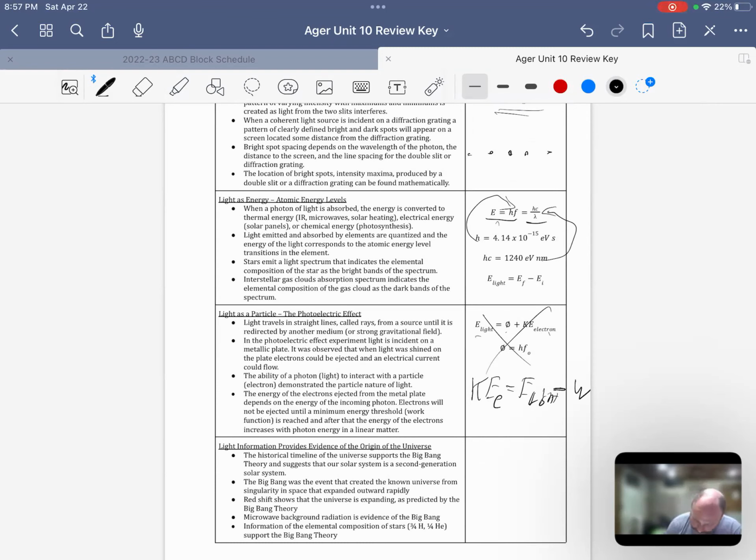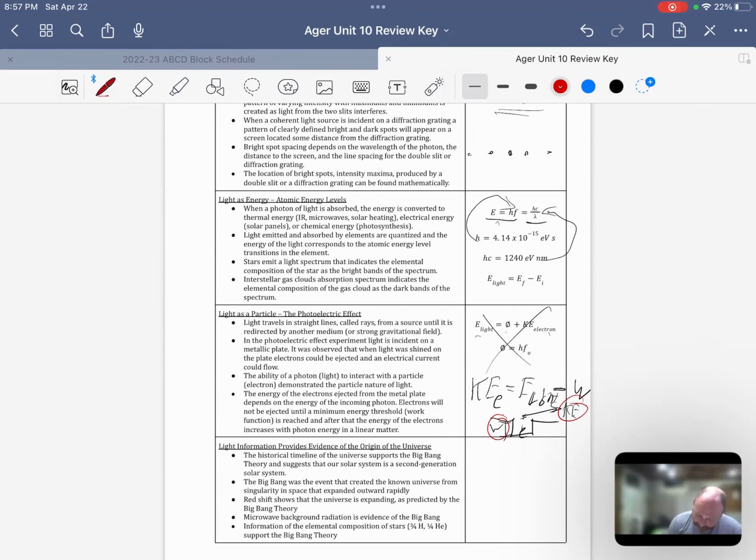You have a well you need to get that electron out of. The work function is the energy needed to get it out of the well, right there at the top. And then the shoot away is the kinetic energy it's going to have. So the light, a photon you hit it with, is going to get it out, overcome the work function, and the leftover will be the kinetic energy there.